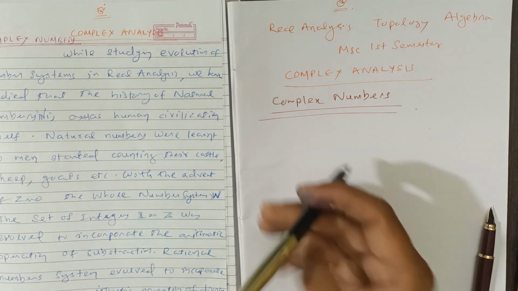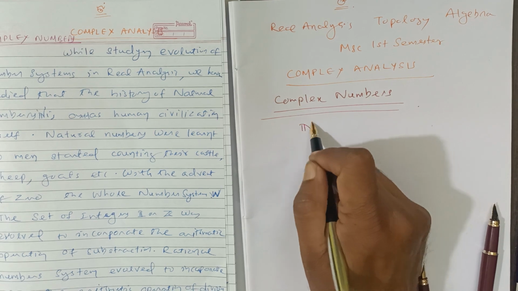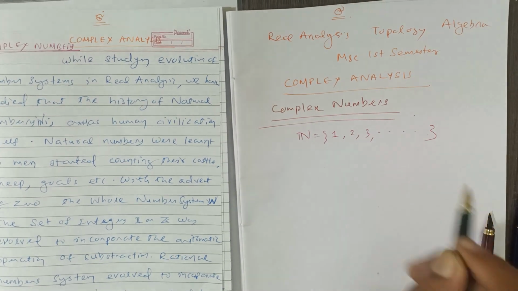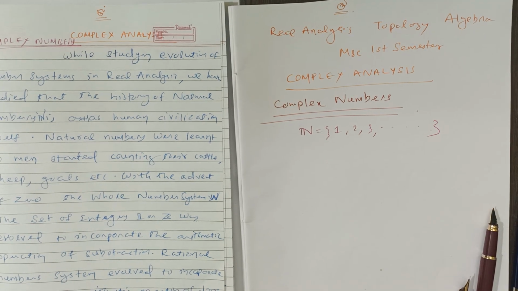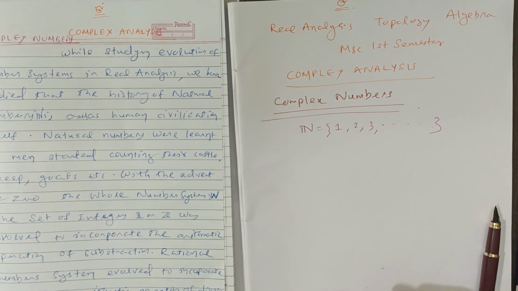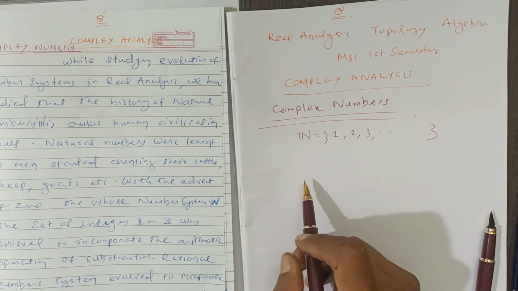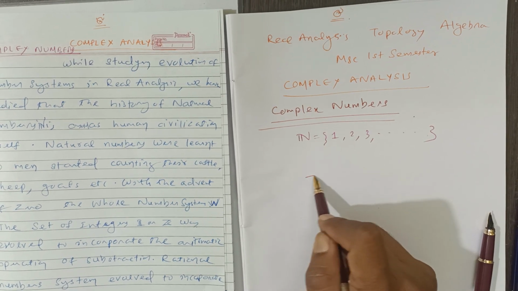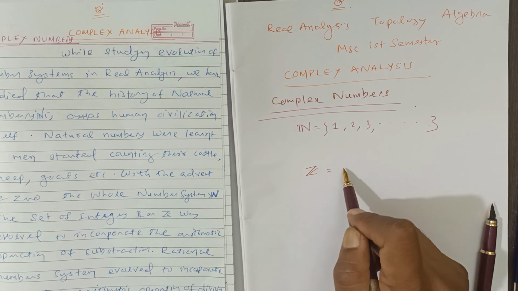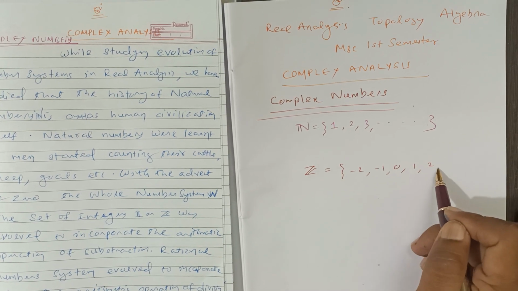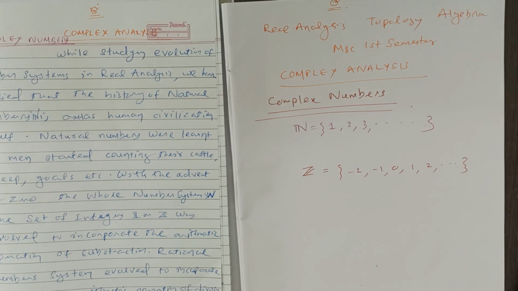And how are they depicted, friends? They are depicted as N equal to 1, 2, 3 and so on. The set of integers I or Z was evolved to incorporate the arithmetic operation of subtraction. Z is, we know, friends, -2, -1, 0, 1, 2 and so on.